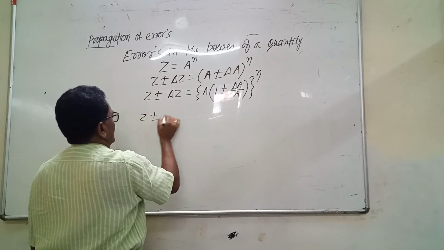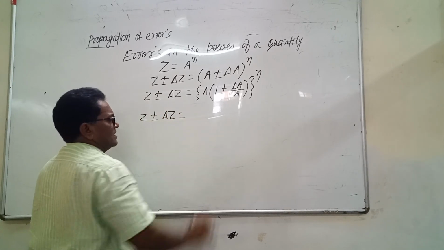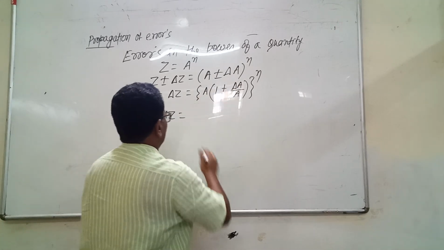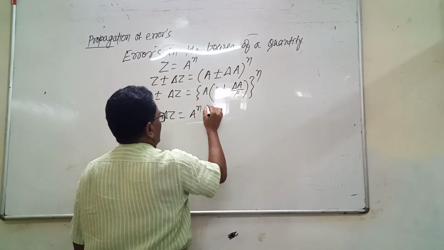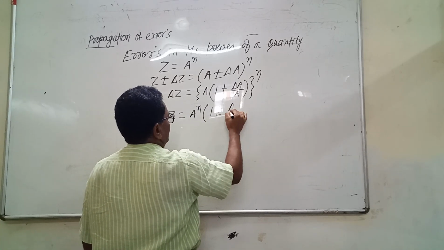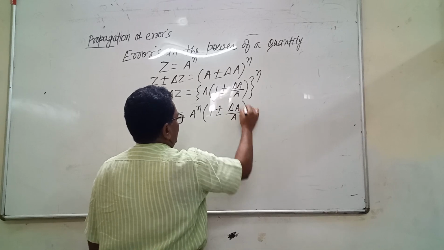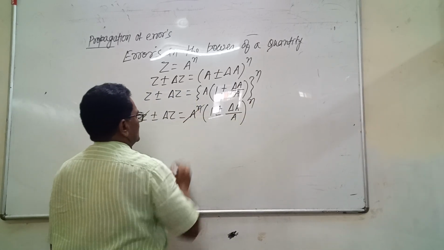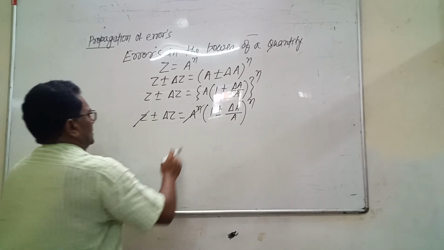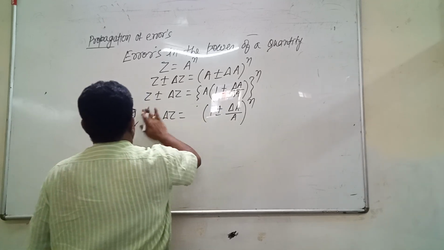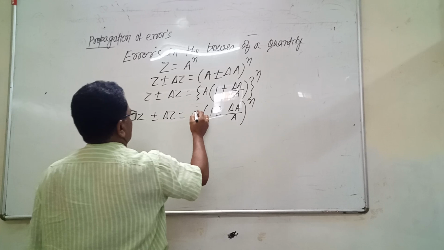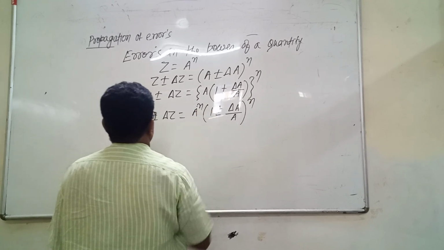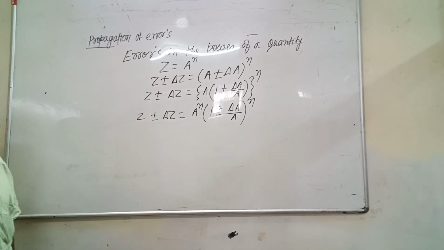So Z plus minus delta Z equals a raised to the power n times (1 plus minus delta a by a) raised to the power n.